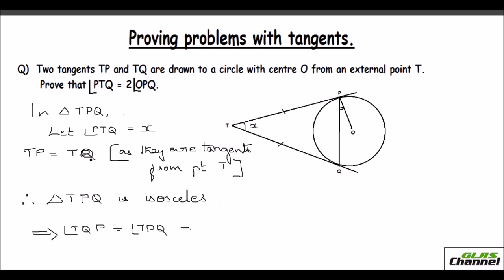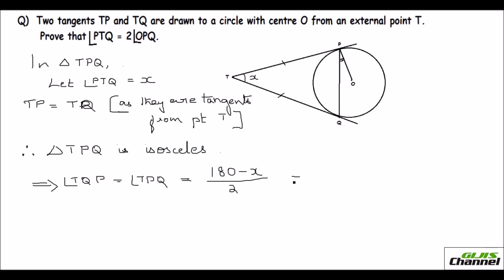In a triangle the interior angles sum to 180, so I take away this X from 180 and divide the rest between these two angles. This is (180 minus X) divided by 2, which is 90 minus X over 2. I take this as equation 1.